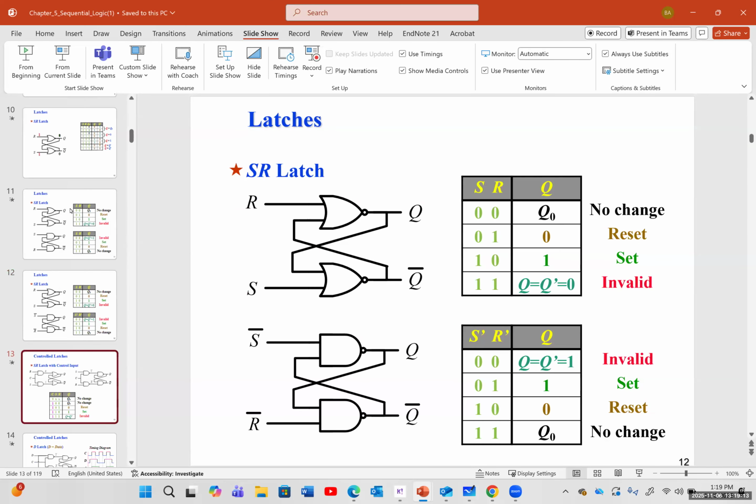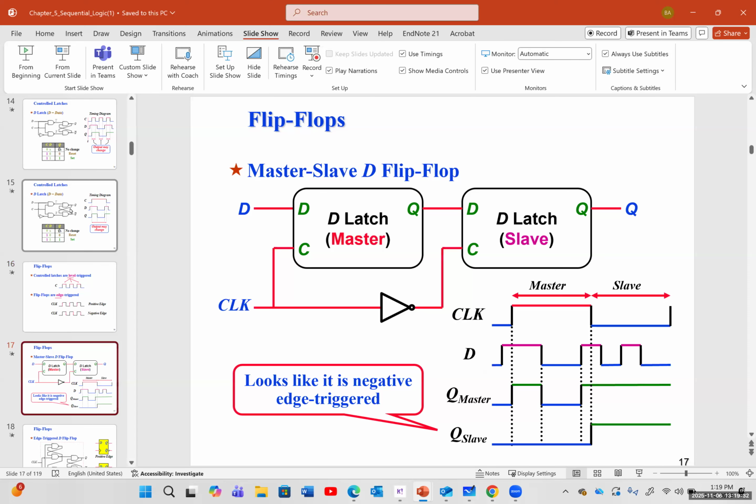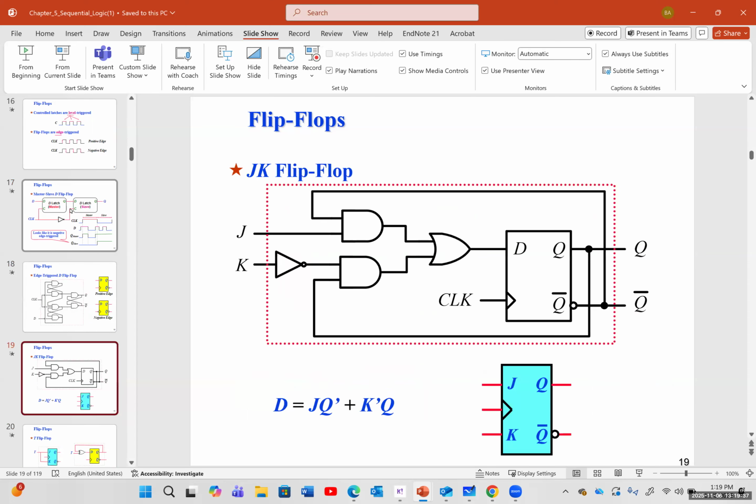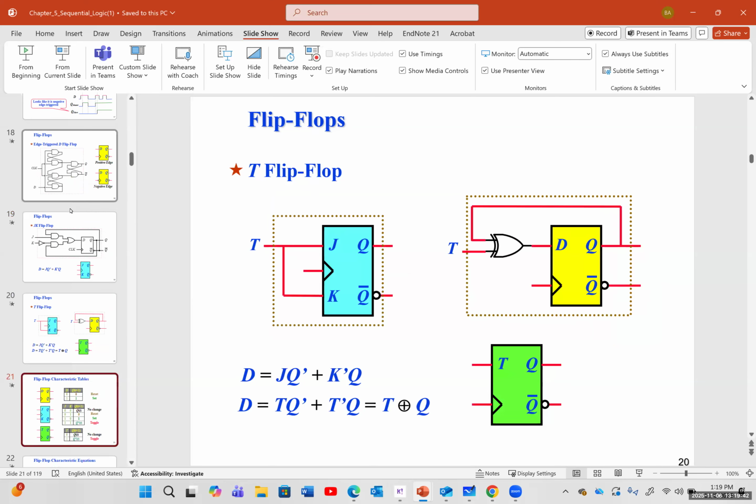The main difference between a flip-flop and a latch is that the flip-flop is edge triggered and a latch is level triggered. So using a D latch, we can build a D flip-flop. And using the D flip-flop, we can also build a JK flip-flop and a T flip-flop as well.